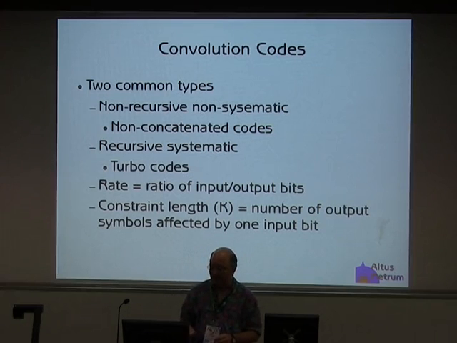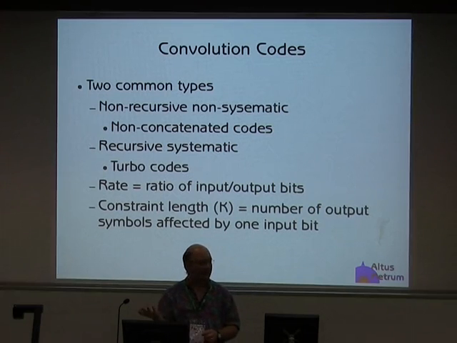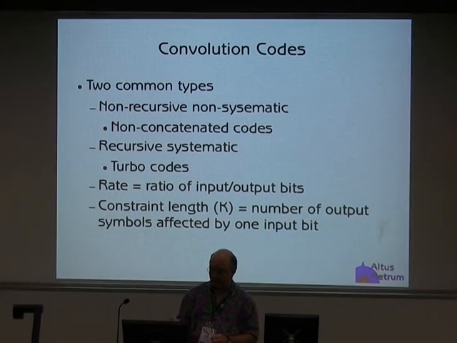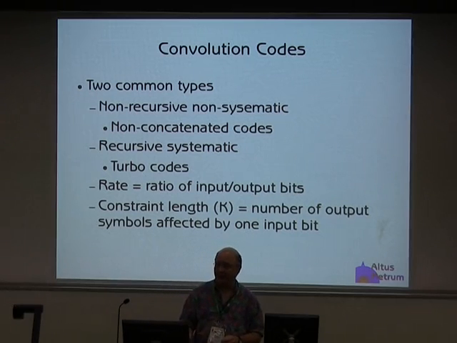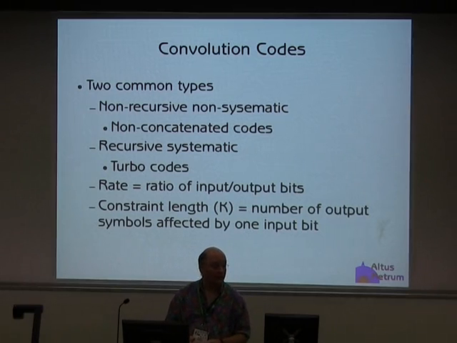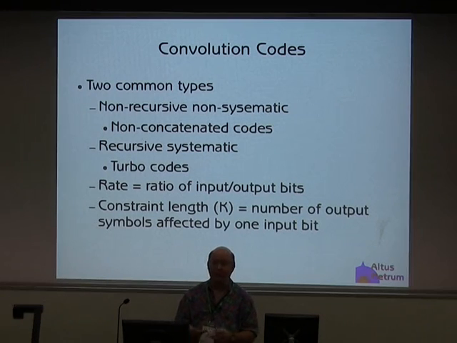A non-systematic code doesn't have the original signal bits appear anywhere in the output. That's what I've implemented: a non-recursive, non-systematic code. The recursive systematic codes are what turbo codes use. So a turbo code is basically two convolution codes using a recursive systematic convolution.